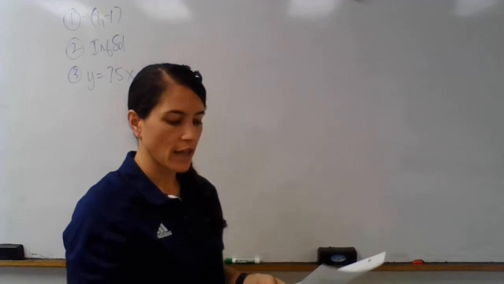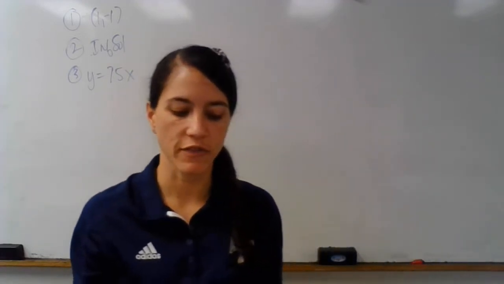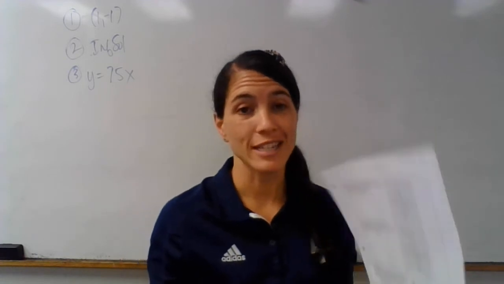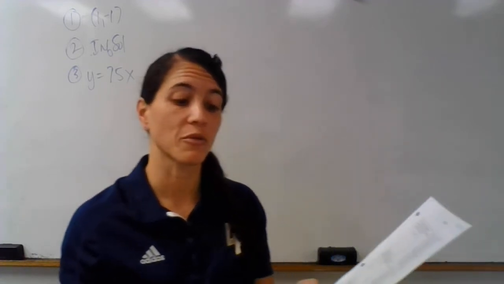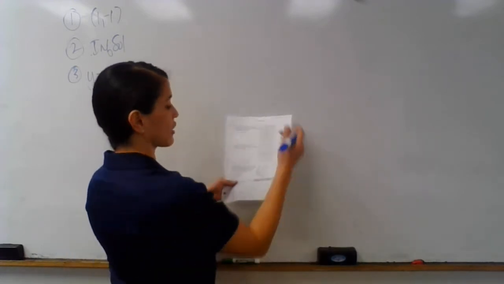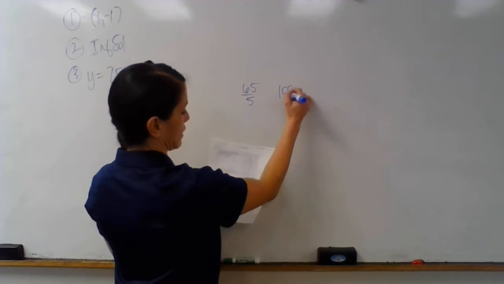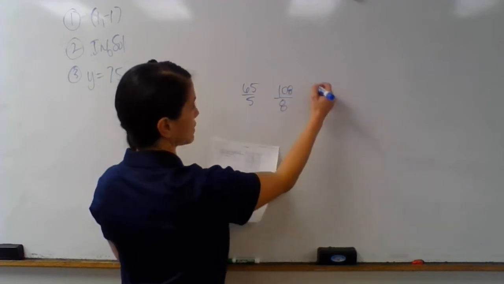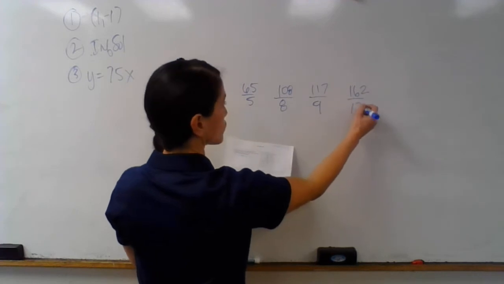Number 4. The table shows Sally's cost for physical therapy sessions. Is the function proportional? Now it's not a graph, otherwise we could see it's a straight line through the origin. So we need to check the ratios: 65 over 5, 108 over 8, 117 over 9, and 162 over 12.